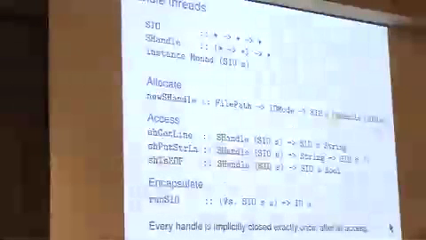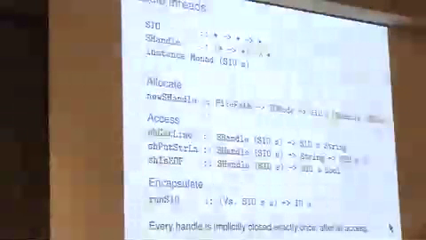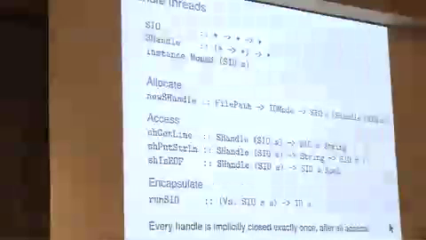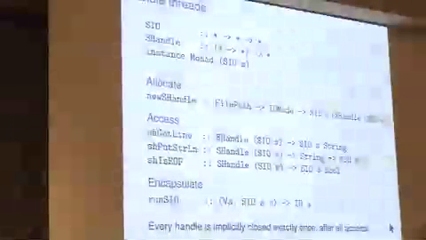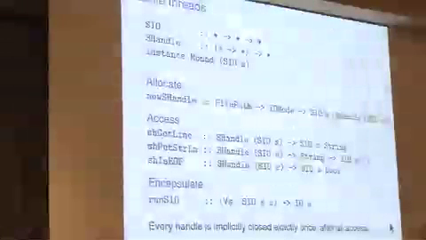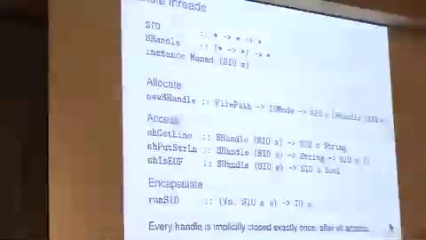And again, when we allocate these resources, we use this Hansen type s to link the computation with the resource so that we can only use the resource in the computation that it's supposed to be used in.